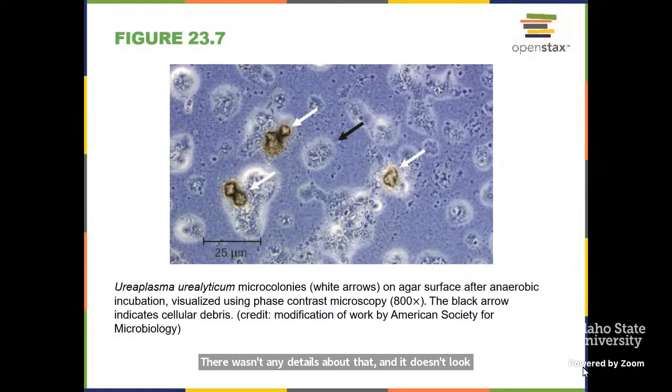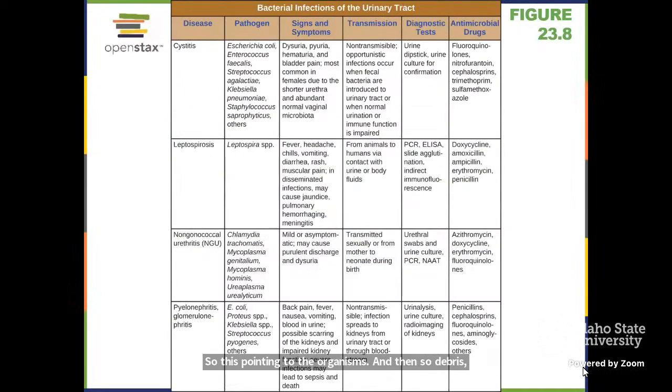So these guys, the Ureaplasma urealyticum, which with a name like that makes me think these suckers would be urease positive if we did a urease test. But being anaerobic, you would have to manipulate that test to set the stage for it to actually be under those conditions. So this is pointing to the organisms and then cellular debris, which is a lot all around.